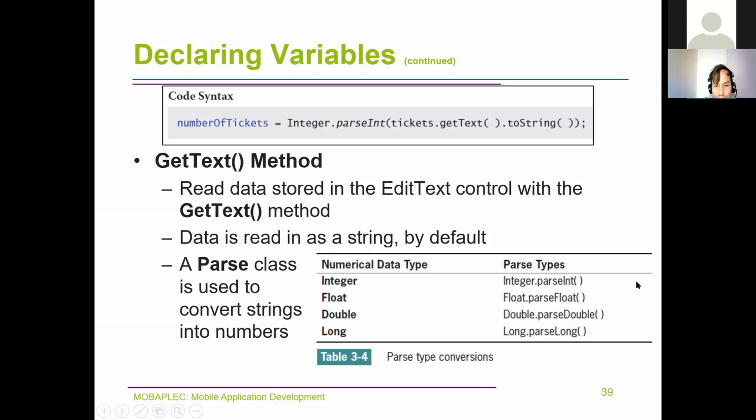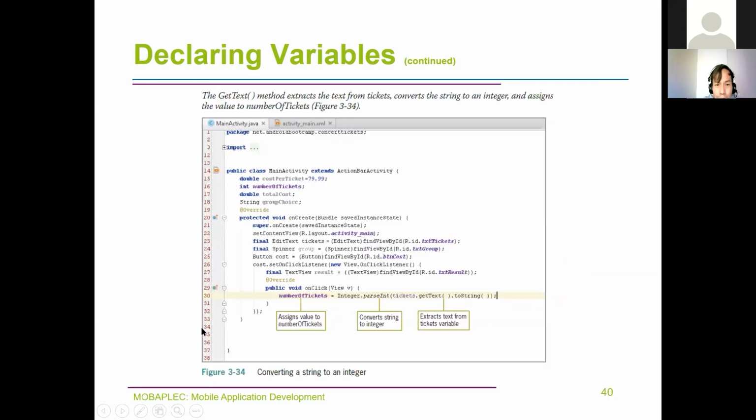These are the numerical data types: integer, float, double. These parse types, you can see that once you code, there's a suggested part. As I told you, there's an IntelliSense feature that you can see. These are actually by definition.